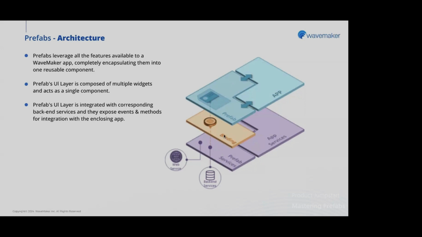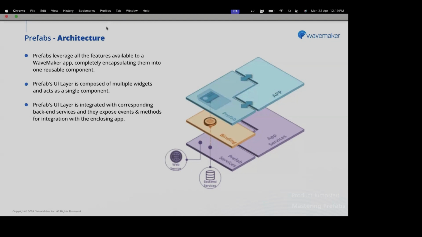Moving on to the binding layer that sits in between. This acts as a bridge between the service layer and the UI layer to flow the data from the UI layer to the services and from the service layer to the UI. So altogether, WaveMaker facilitates this process using variables that I assume all of us here are aware of.